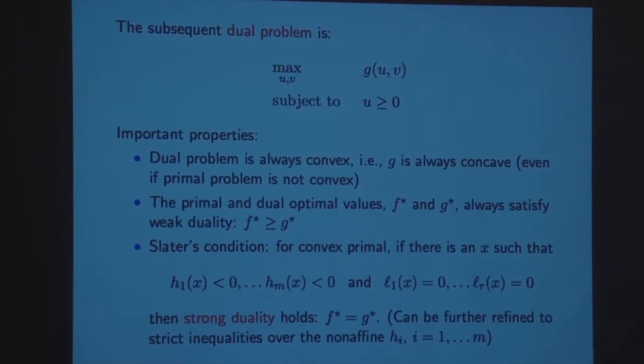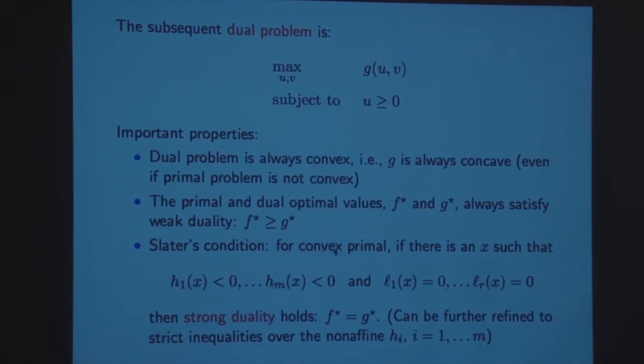And Slater's condition just says that the primal problem has to be convex, and there has to be an x that's strictly feasible, which means that we can strictly satisfy all the inequality constraints, and it still satisfies the equality constraints. There's an even weaker version of Slater's condition we saw, which is that we only need to have strict inequality for the non-affine inequality constraints.